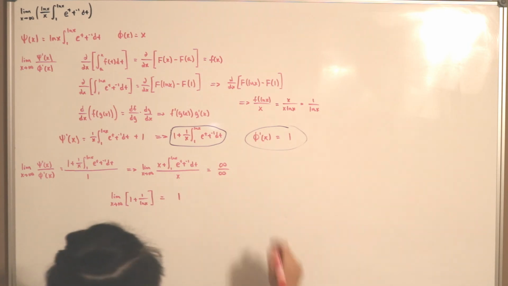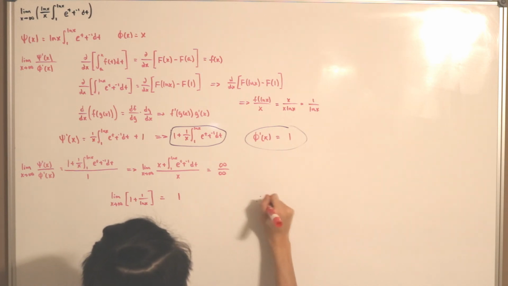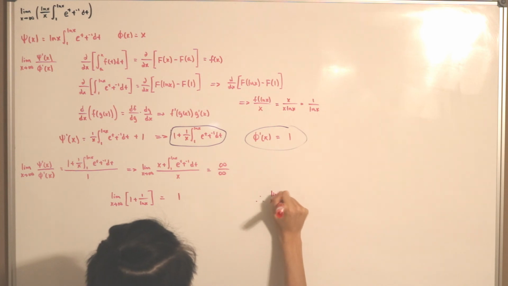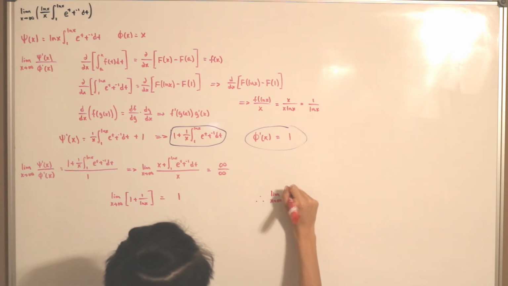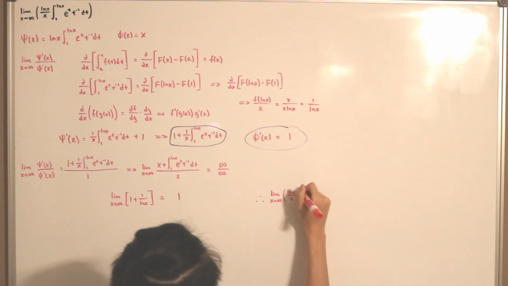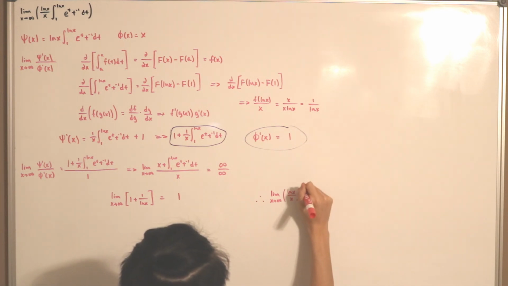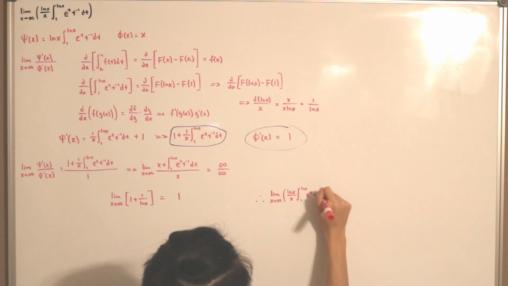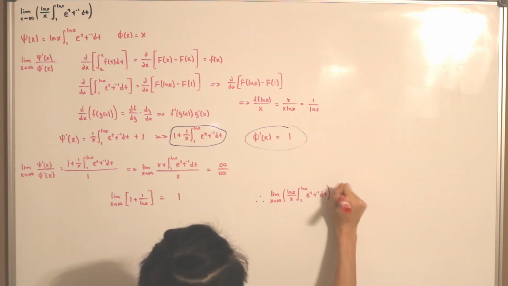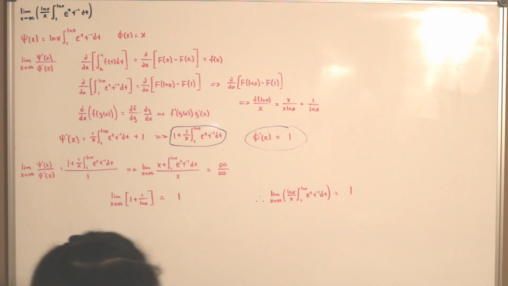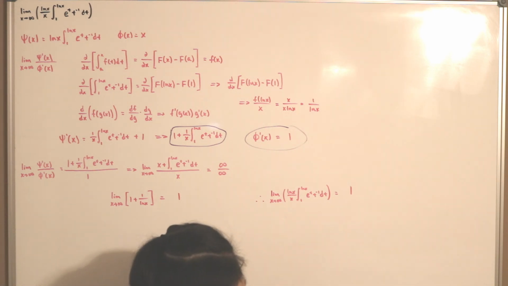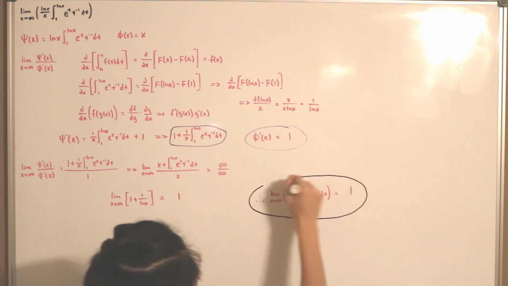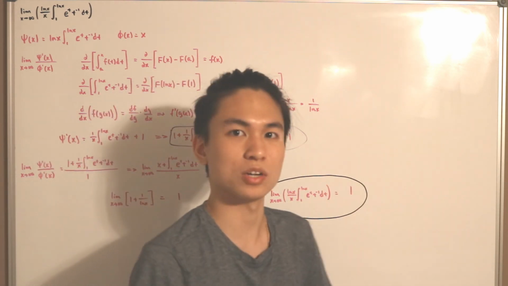So, finally, the conclusion: the limit as x approaches infinity of ln of x divided by x multiplied by the integral of ln of x, e to the t times t to the negative 1 dt is equal to 1. And there you have it. Pretty sweet, right?